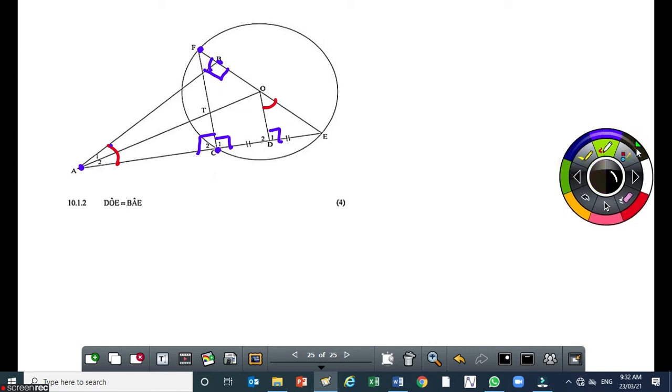I'm going to start by saying C1 is equal to C2. My reason for this is that they are angles on a straight line. Both are equal to 90, I can write that. Let me write that they are both equal to 90. And my reason here is angles on a straight line.